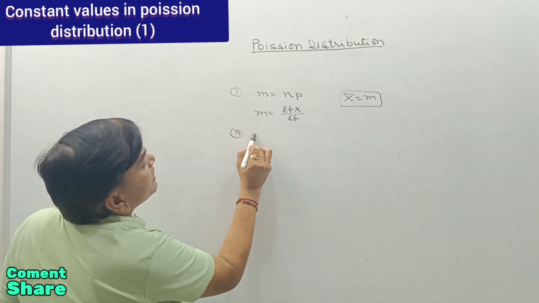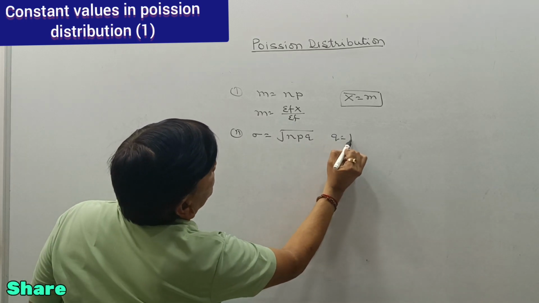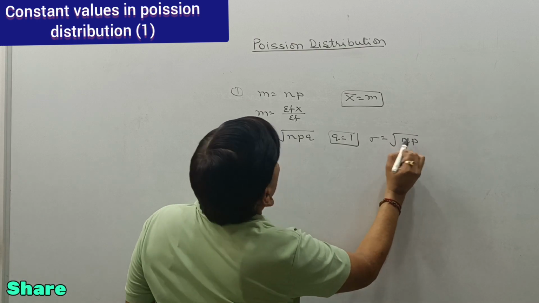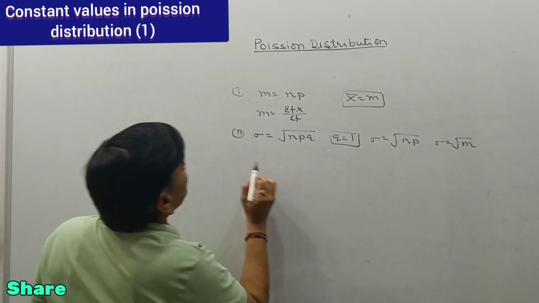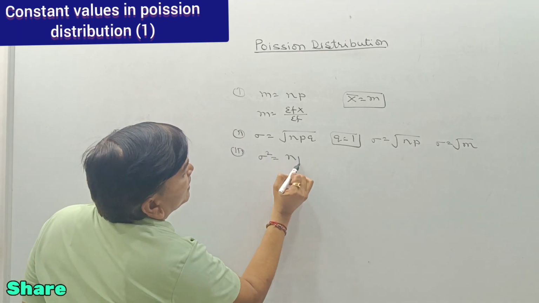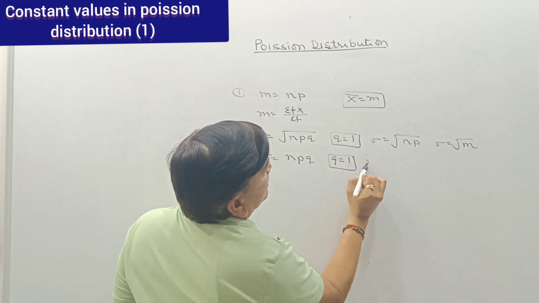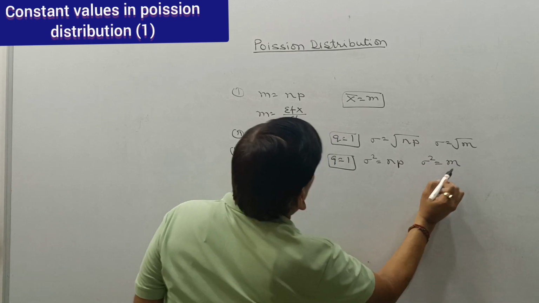Second one, standard deviation is root npq, and q is approximately 1, so standard deviation will be root np, and np is equal to m, so standard deviation will be root m. Third, standard deviation square, it means variance, that is npq, and q is equal to 1. So the standard deviation square will be np, or variance is m.